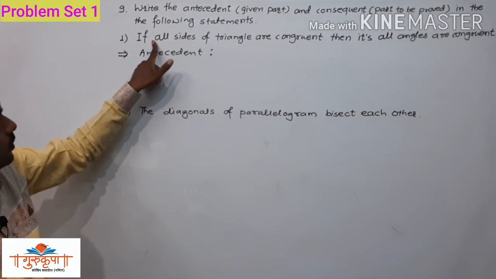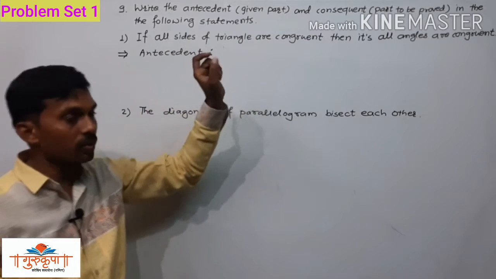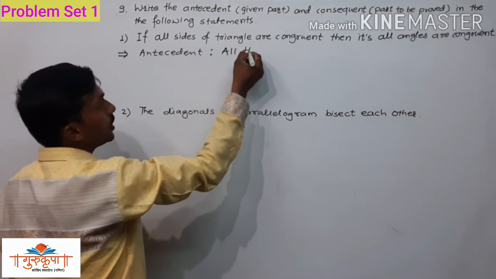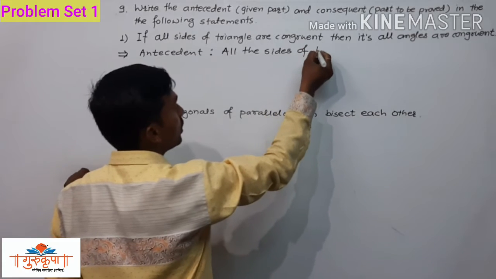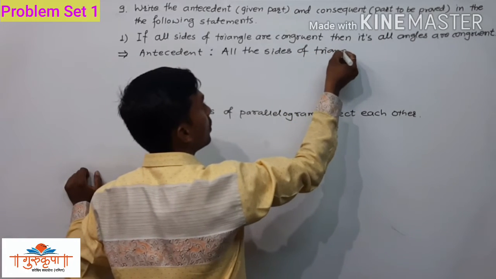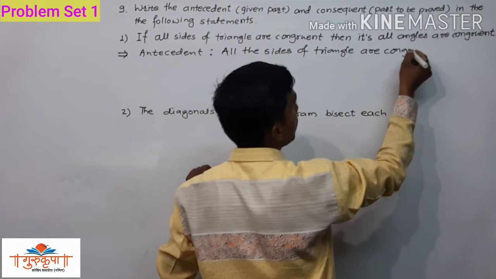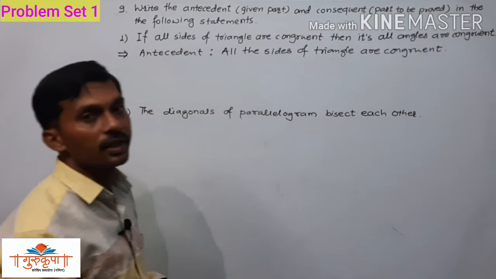So here the statement followed by if is, all the sides of a triangle are congruent. So you have to write that much part only. All the sides of a triangle are congruent. That is the given information, that is the antecedent.